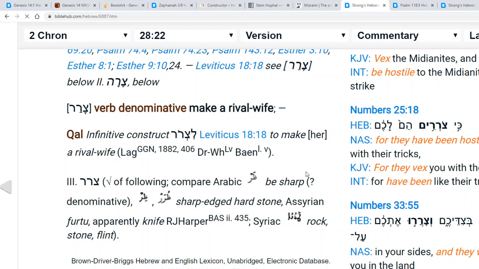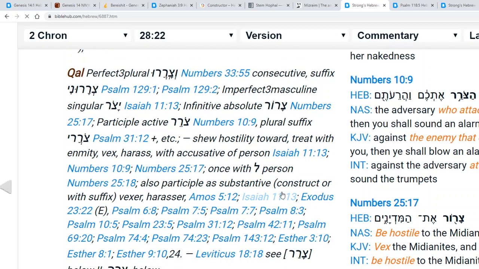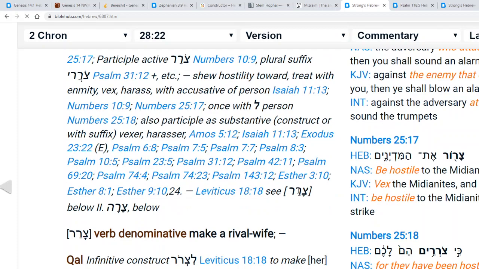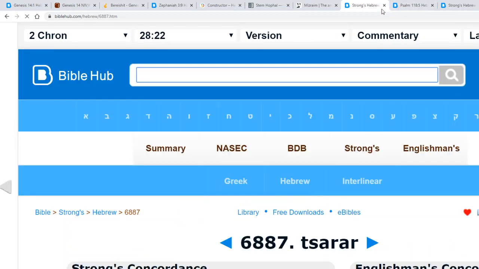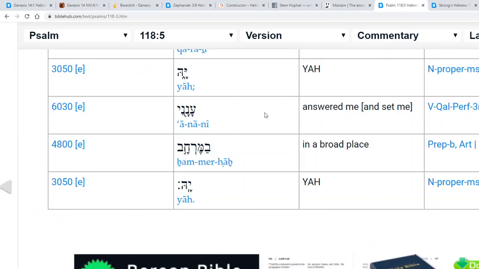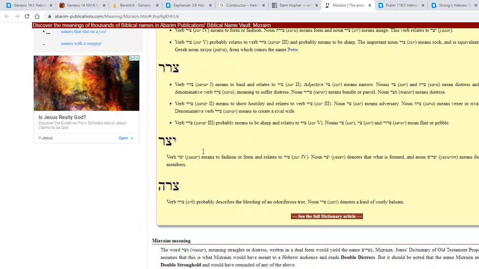And it's even actually apparently used for a rival wife, right? Yeah, I think so. You can see how other words use that same root, like it explains here, right?